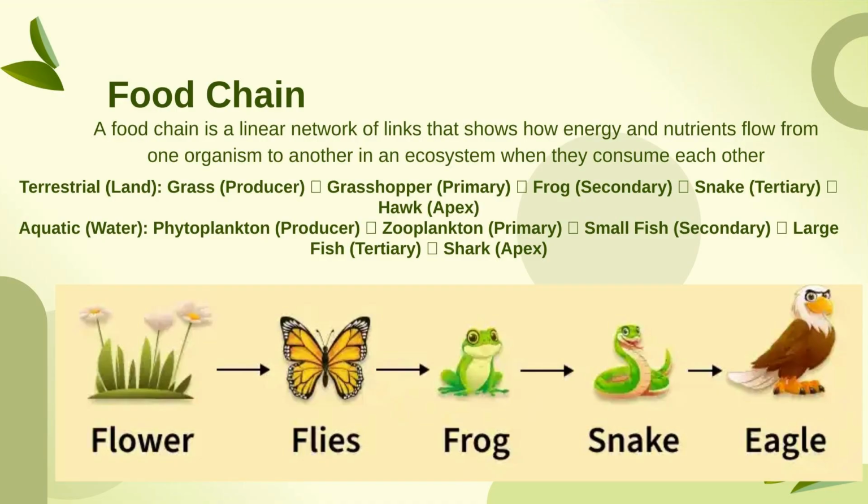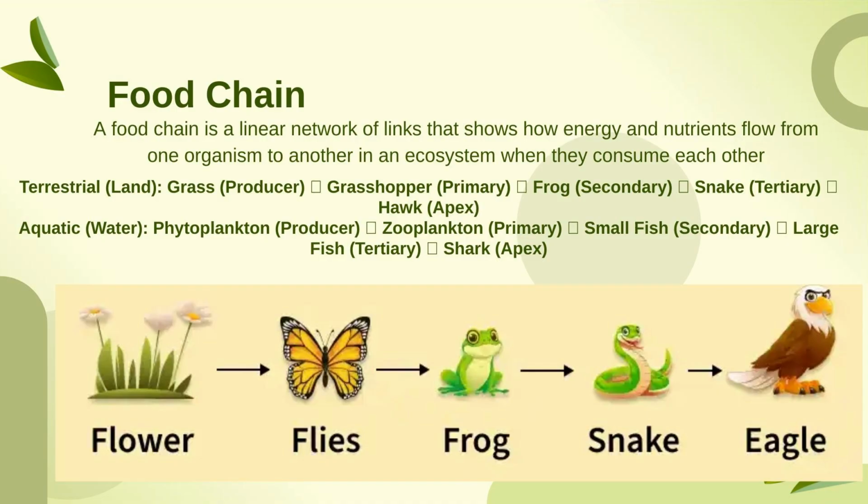The grass is consumed by the primary consumer, the grasshopper. So this grasshopper will be consumed by the secondary consumer, that is frog. And this frog will be consumed by the tertiary consumer, that is some snake. And this snake will be consumed by hawk or eagle, that is the apex consumer. This will be in the terrestrial ecosystem.